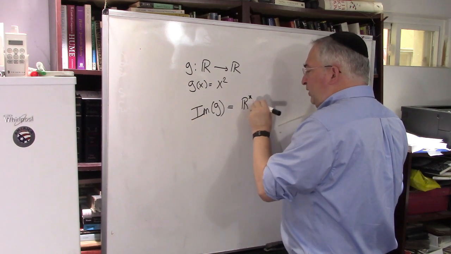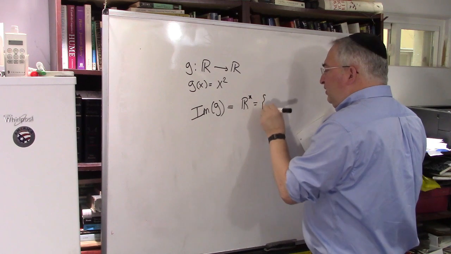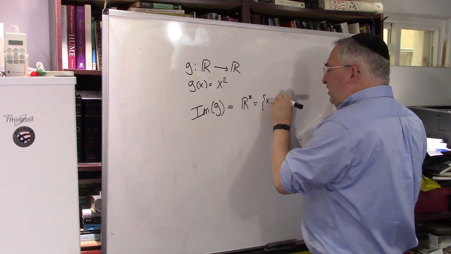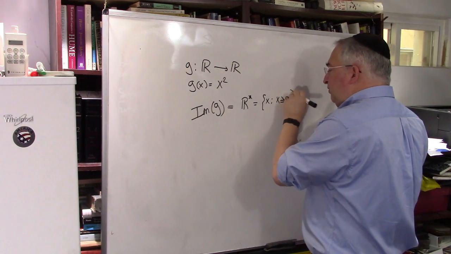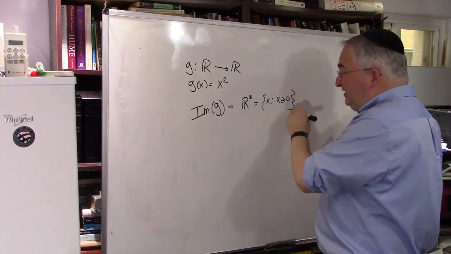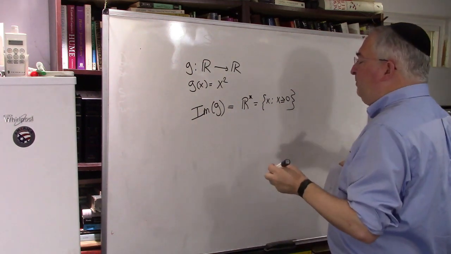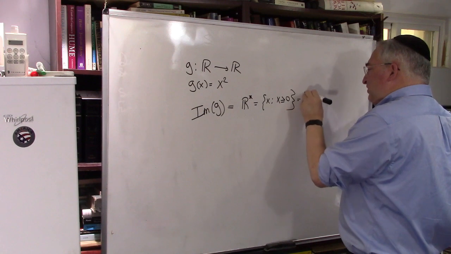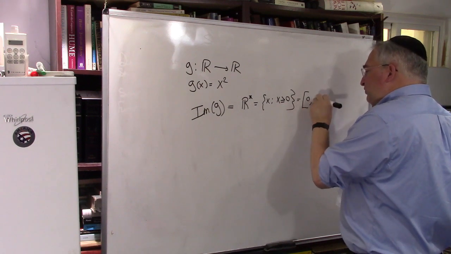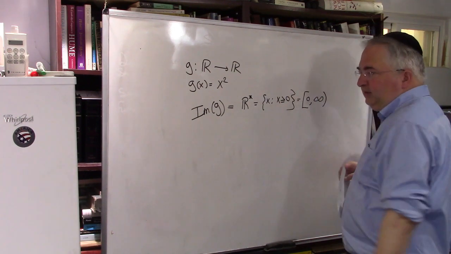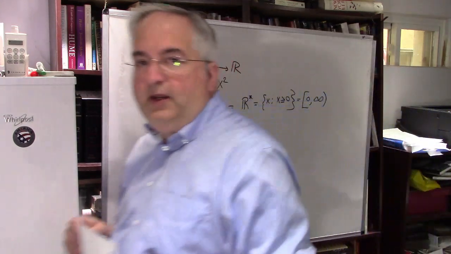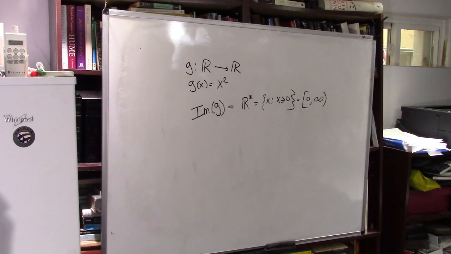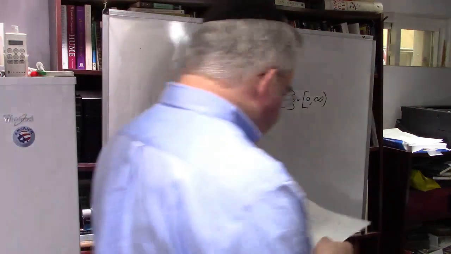Or another way of saying the real numbers star is those x such that x is greater than or equal to 0. This set is the possible outputs. We can also write this set as follows: from 0 to infinity, round bracket.